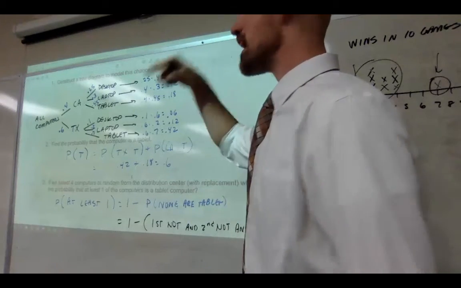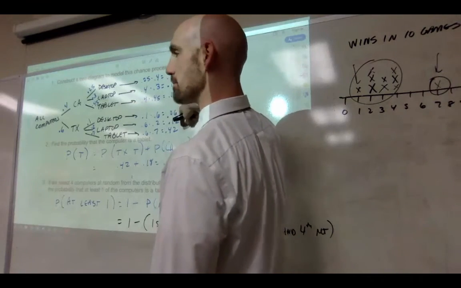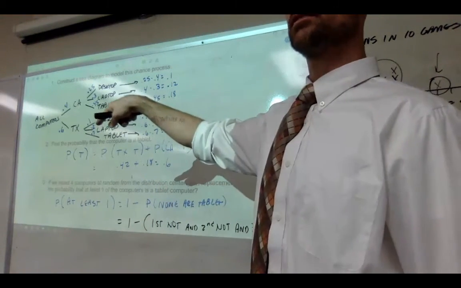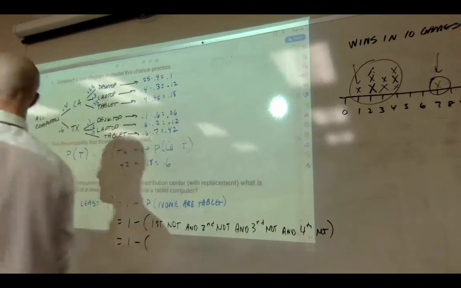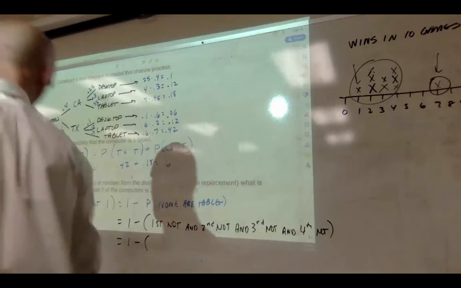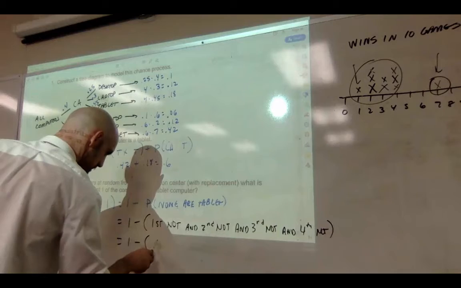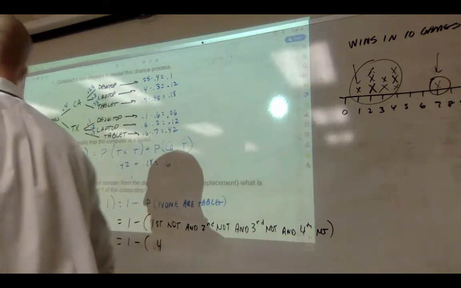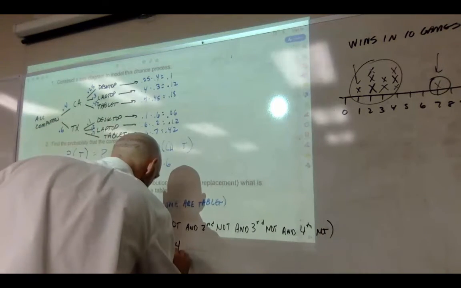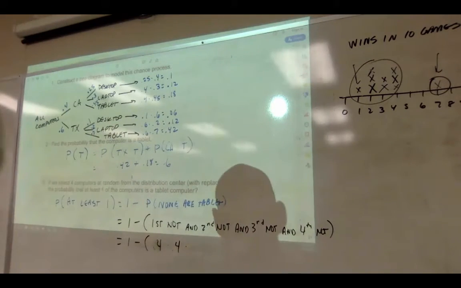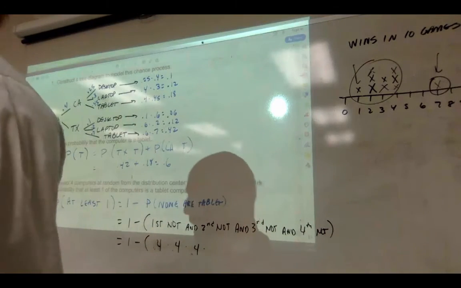So the probability that it's not a tablet would be desktop plus laptop from California, desktop plus laptop from Texas, which would mean this is 1 minus the probability that it's not a tablet, 0.4, the first time, times the probability that it's not a tablet the second time, times the probability that it's not a tablet the third time, times the probability that it's not a tablet the fourth time.